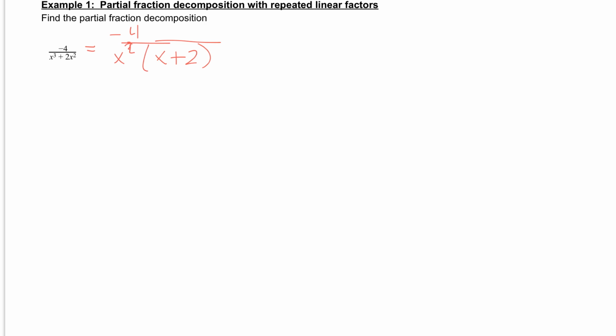And then what we want to do is write it out. Remember our x squared, that's a repetitive linear factor. So we have to represent not only x but also x squared. So we would write that as A over x plus B over x squared. And then we also have a linear factor of x plus 2. So then we have C over x plus 2.